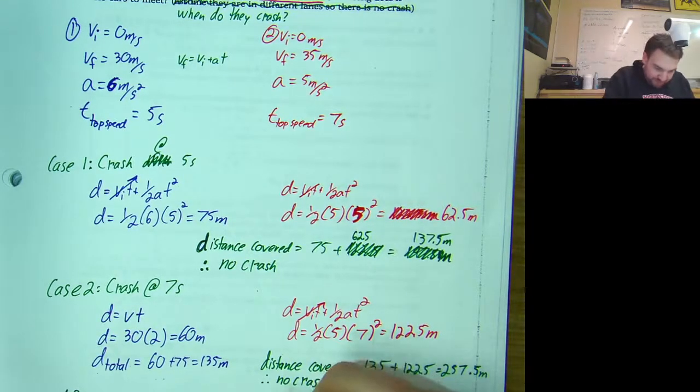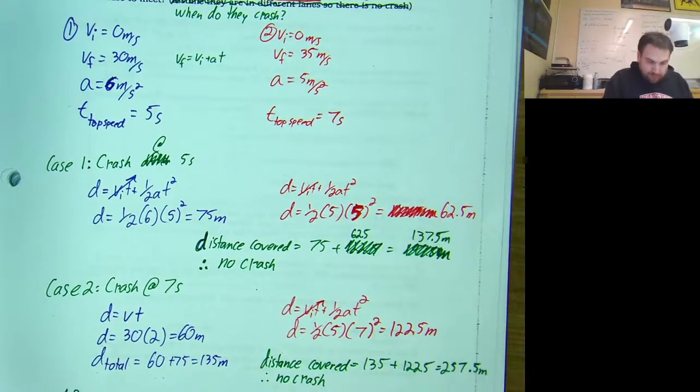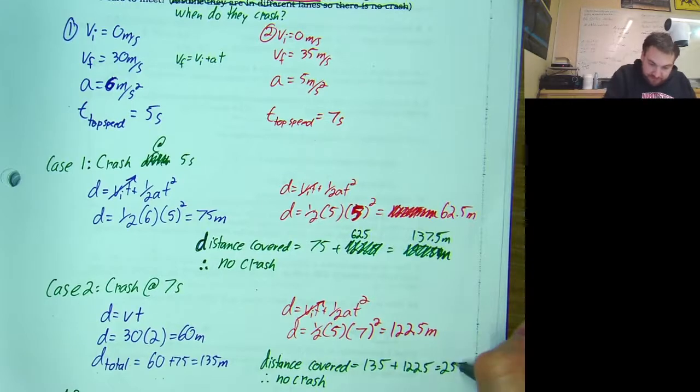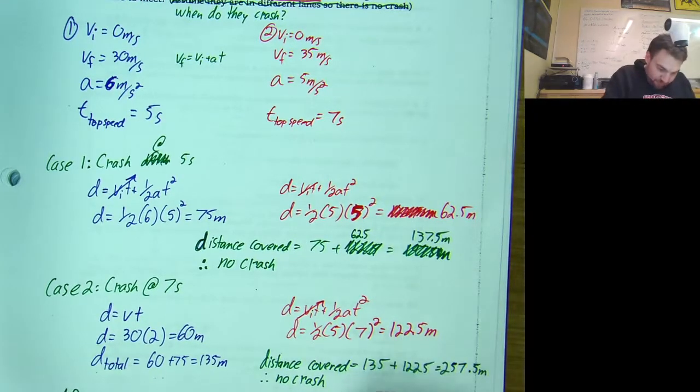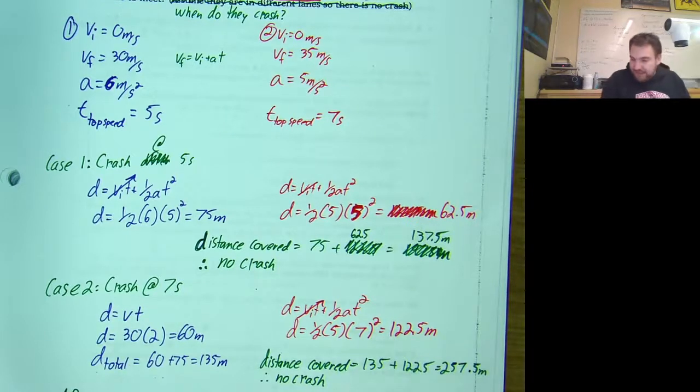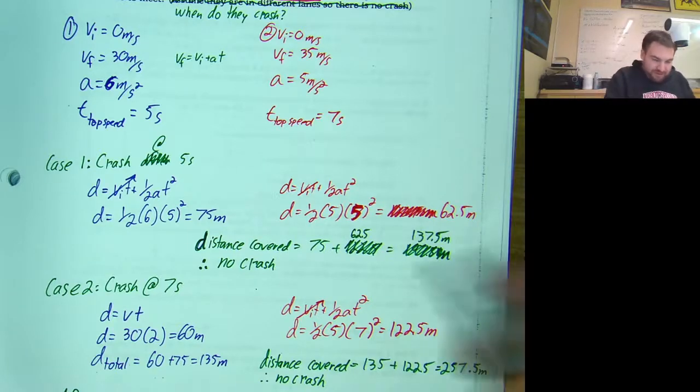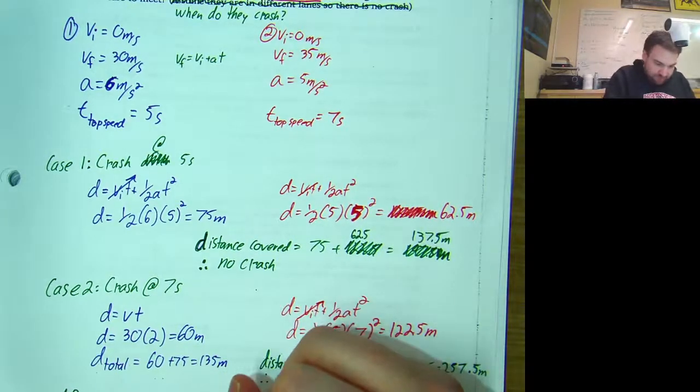We know the distance between them. They've covered 257.5 meters, which means that there is 42.5 meters left between them. We know that this guy is traveling at his final velocity of 30 meters per second.